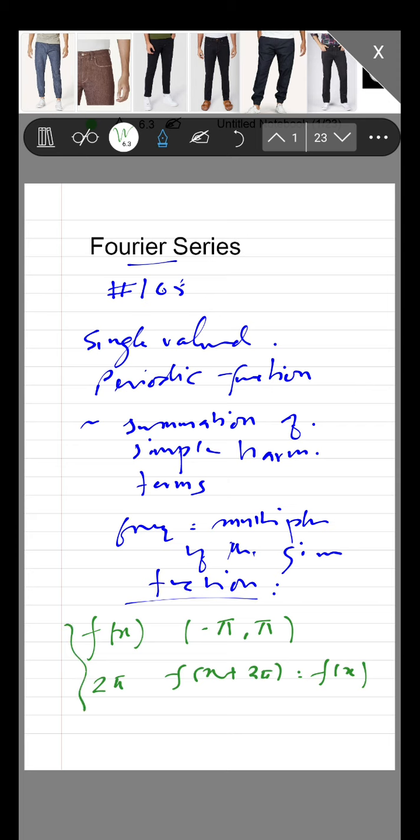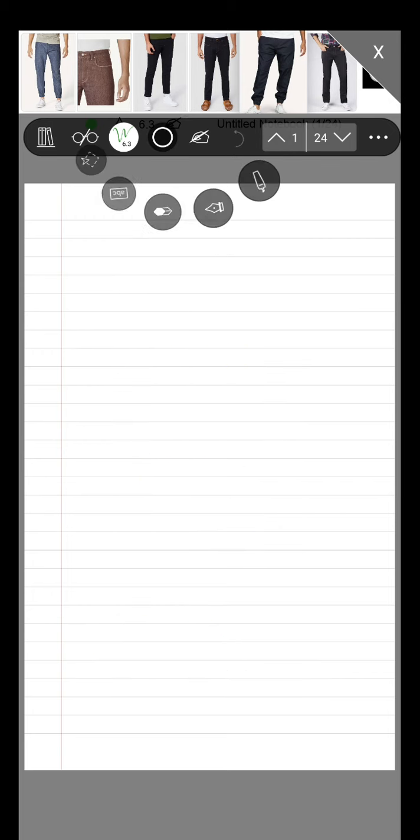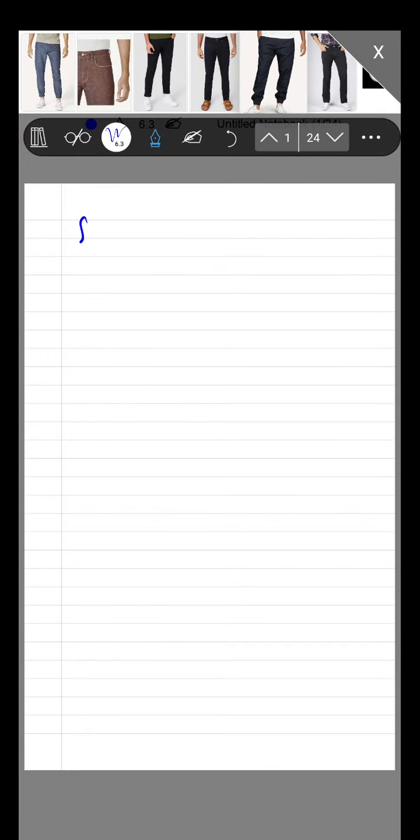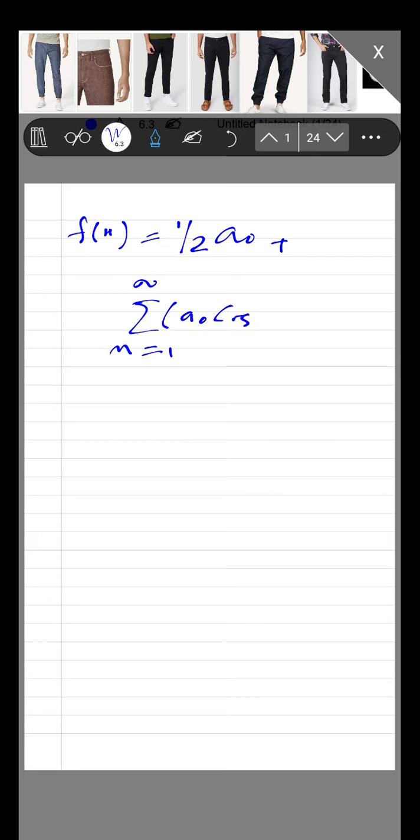If this is the condition, then you can expand f(x) as 1 by 2 a0 plus summation n is equal to 1 to infinity of an cos nx plus bn sin nx.